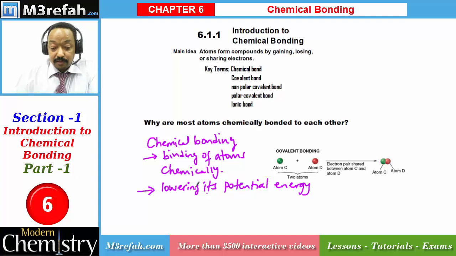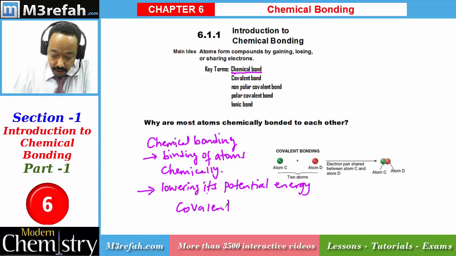To go into the details of bonding, there are certain key terms that we are going to study. The first one is chemical bonding, which we have already seen. And the second is covalent bonding.